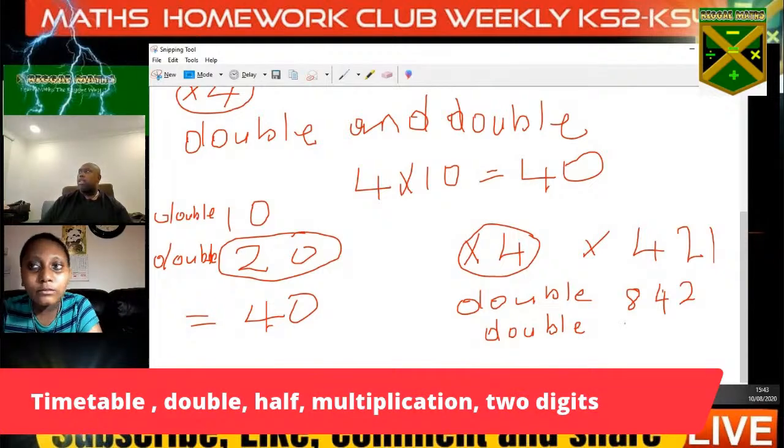Right, this is a tricky bit. Now we're going to double 2. So what's 2 add 2? Remember the technique, 2 add 2. Make him focus now.